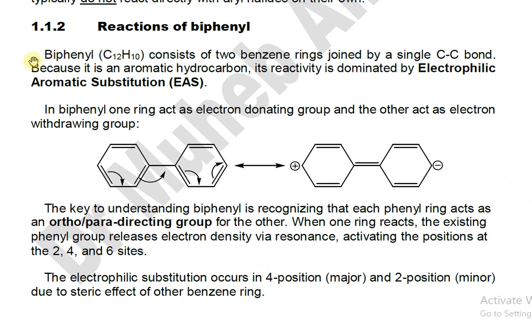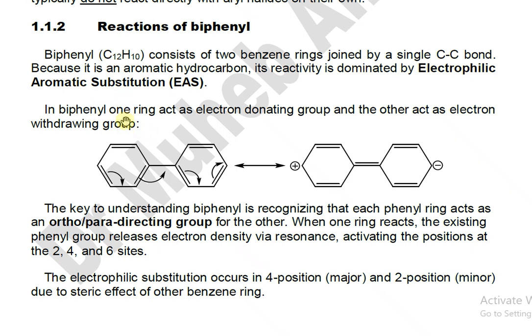Here we learn, inshallah, that the biphenyl compound's reactivity is dominated by electrophilic aromatic substitution, like benzene. We talked about the reaction of benzene in organic chemistry. The benzene ring can undergo electrophilic aromatic substitution, so the same thing here.